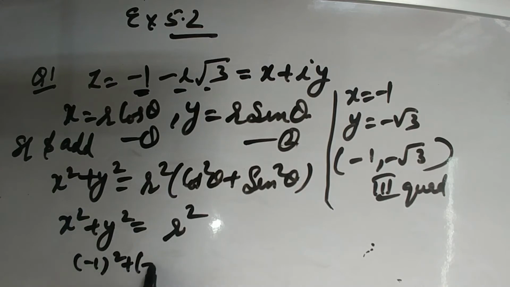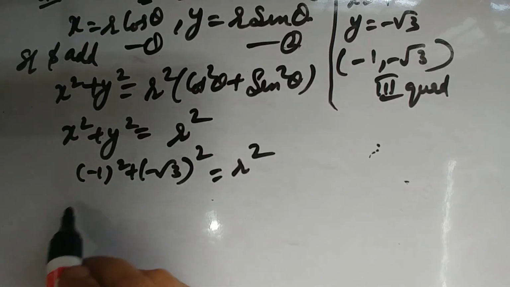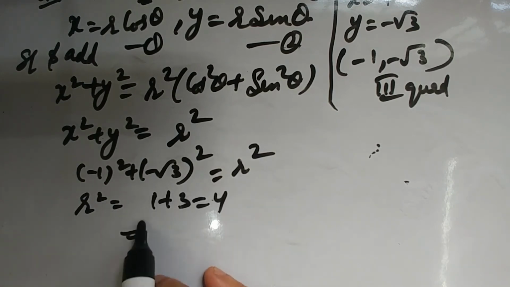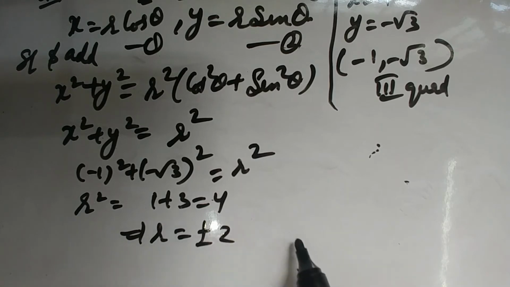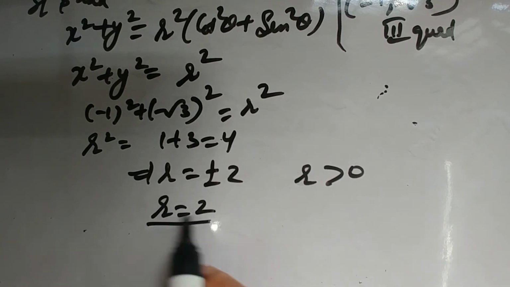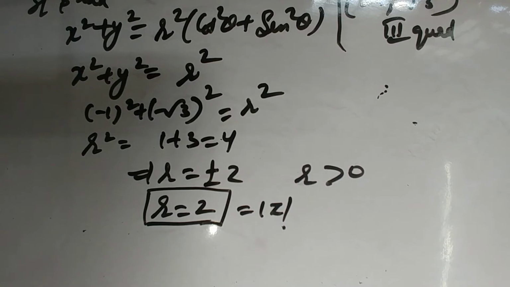So it is minus 1 square plus minus root 3 square is r square. So r square is 1 plus 3, that is 4, which implies r is plus minus 2. But r, you know, is a distance, it is the modulus of z, so r is just 2. So this is r, which is the same as modulus z.